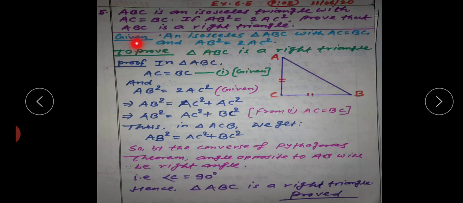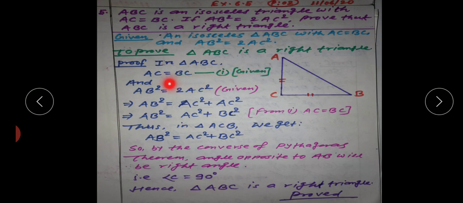Okay. Then first write given: an isosceles triangle ABC with AC equal to BC and AB square equal to 2AC square. We have to prove that triangle ABC is a right triangle. Then in proof we start with triangle ABC. It is given that AC is equal to BC, and let us consider it as equation first.